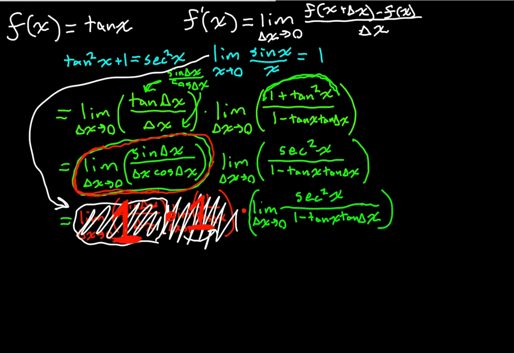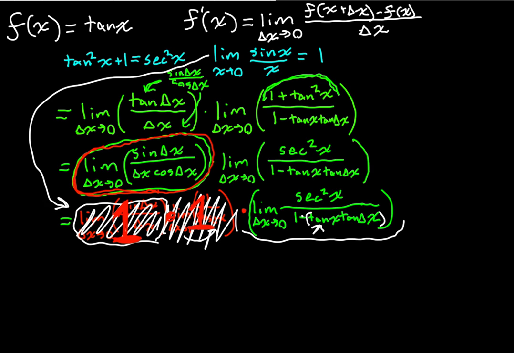So all that our answer is going to be is this thing over here, and there's a way that we can simplify this. Just plug in delta x for this expression here. This thing down here, tangent of x times tangent of delta x. Well, the tangent of delta x as delta x goes to 0 is just going to be 0, right? The tangent of 0 is 0.